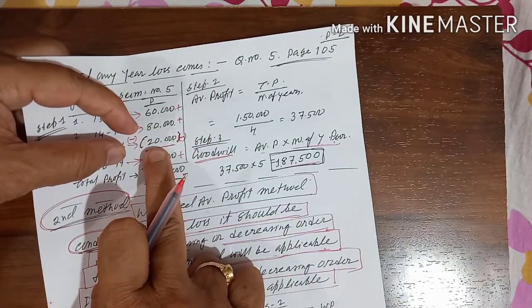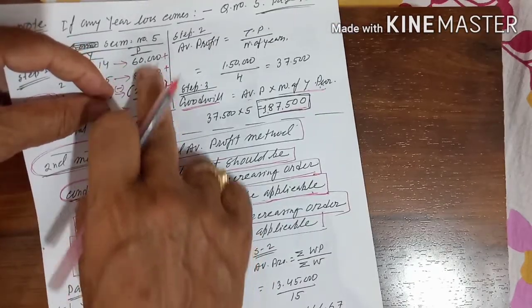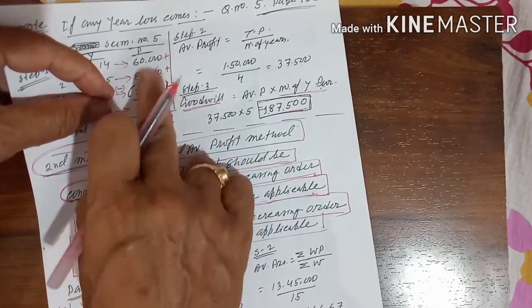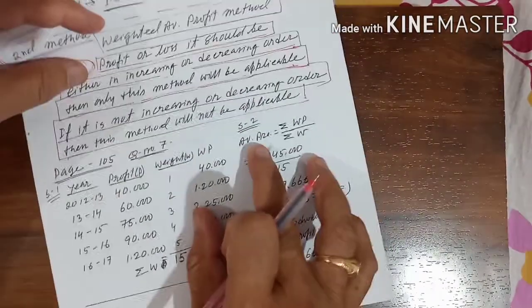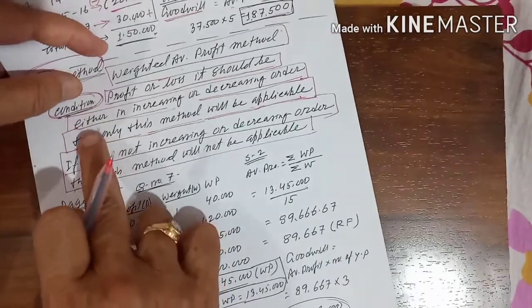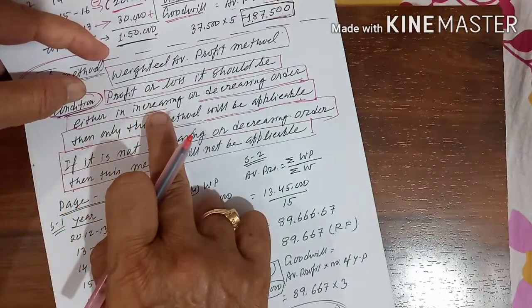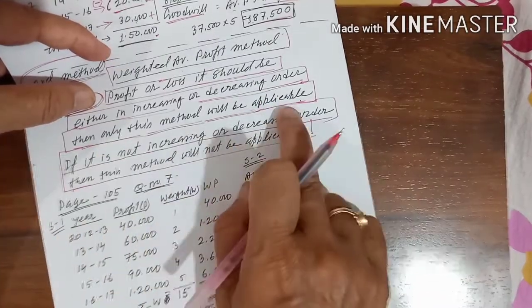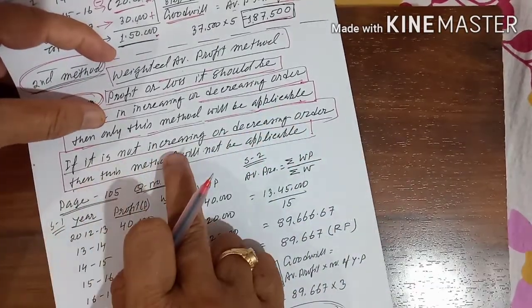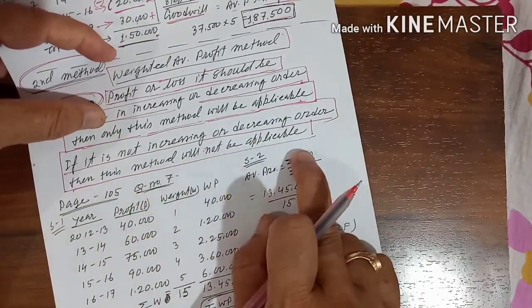Next 20, decreasing. Next, it is increasing. So this is fluctuating. But if it is either increasing or decreasing, I have written it here: the profit or loss should be either in increasing or in decreasing order. Then only this method will be applicable. If it is not in increasing or decreasing order, then this method will not be applicable.